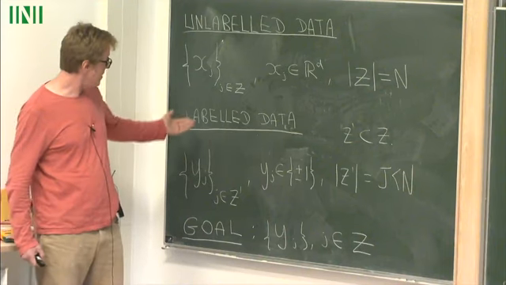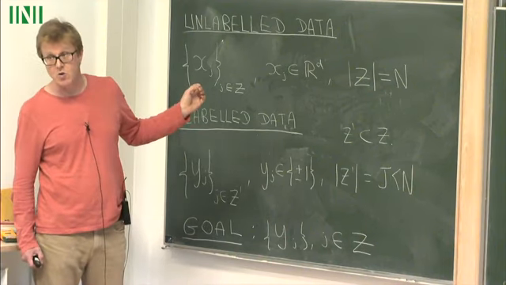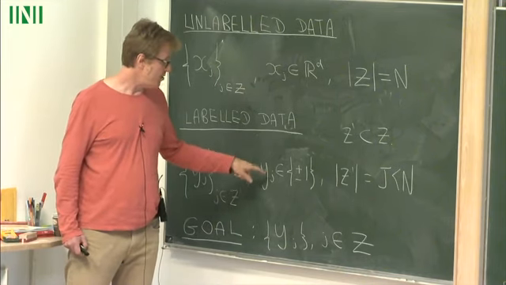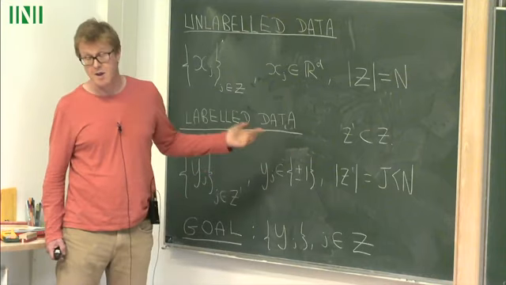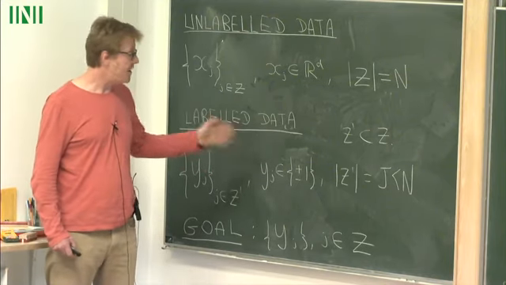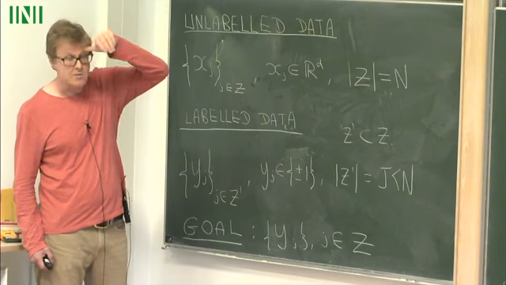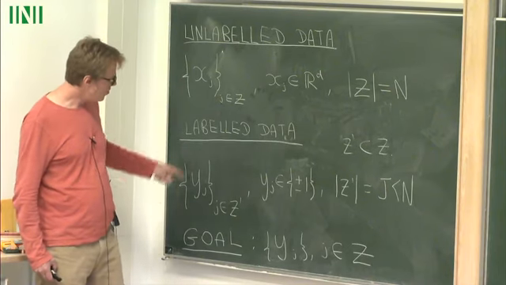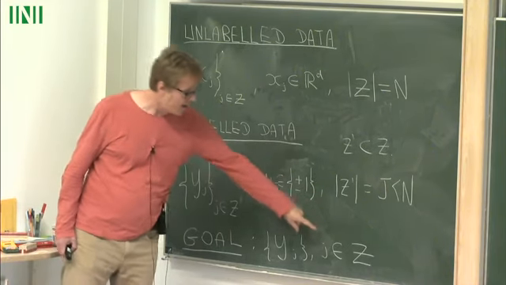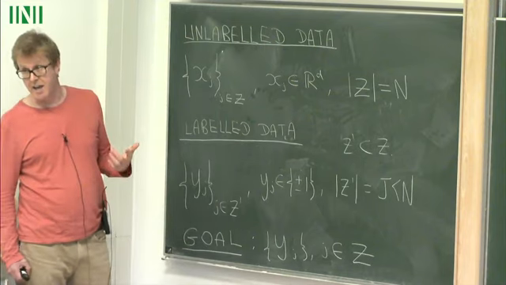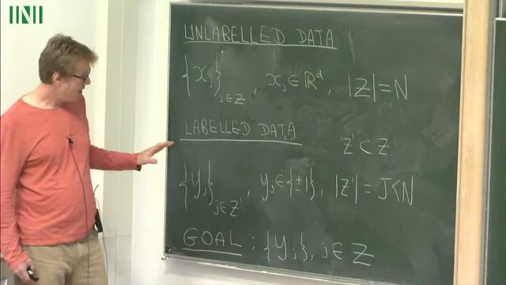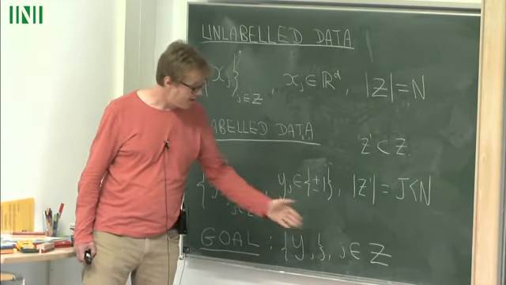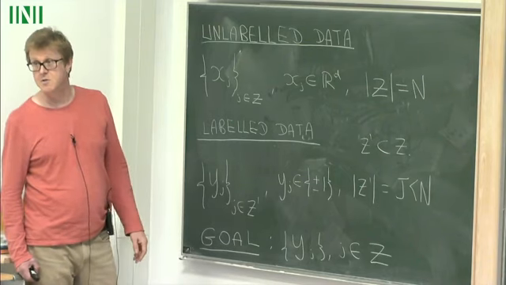These are labeled, and for the purposes of this talk, my labeling will be binary, so these labels will just be the numbers plus or minus 1. Being binary is not crucial, and I'll do an example later on with many more categories. The goal is to spread the labels to the entire index set J. So we're given labels on a subset of nodes, but we want to find them on all of the nodes.